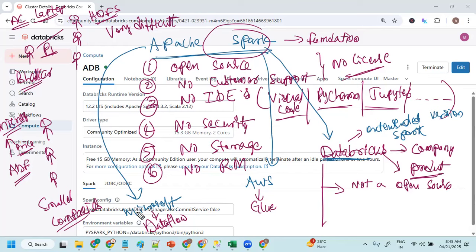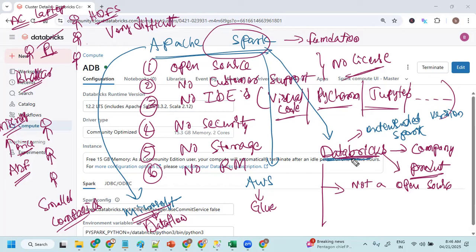So they started providing a product. Why? Microsoft also knows that if it can provide support to the customer, then people will take a product from it also. And AWS thought the same thing. If I provide customer support for Spark, then at least a few of my customers will take a product. And Databricks was there much earlier, before all these people.